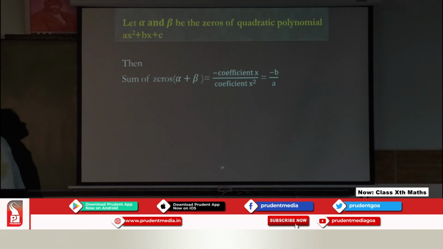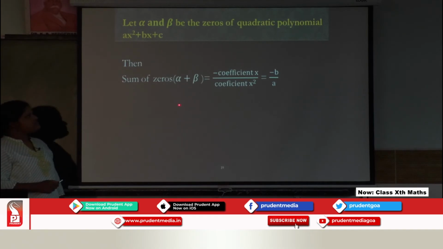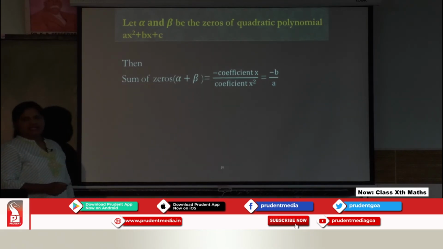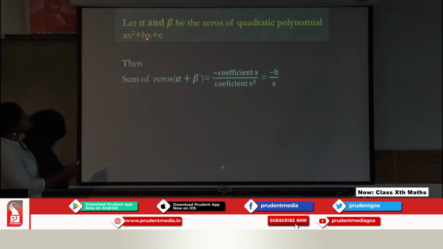Now, let us relate. The sum of zeros, that is alpha plus beta, is equal to minus coefficient of x upon coefficient of x square. The coefficient of x is b, so I have written minus b. This minus sign is part of the formula.